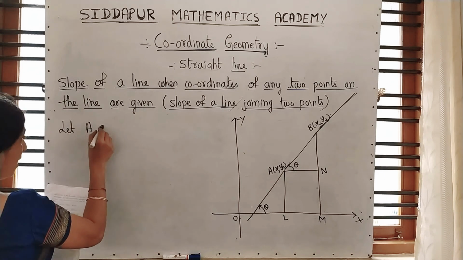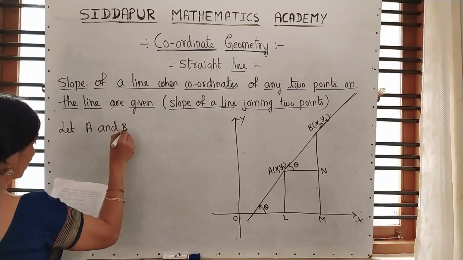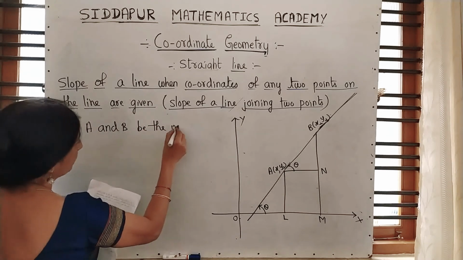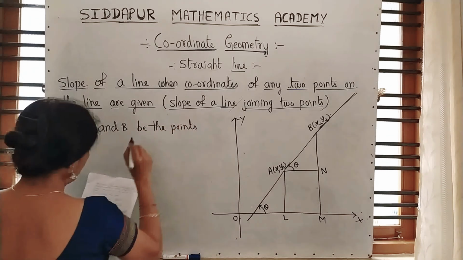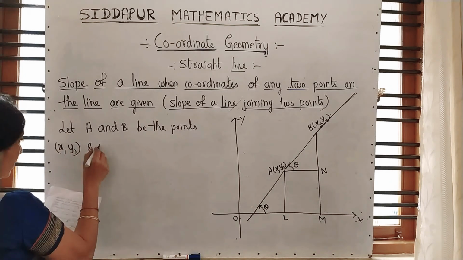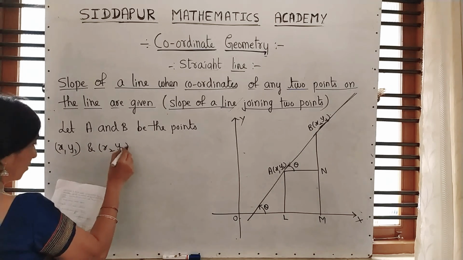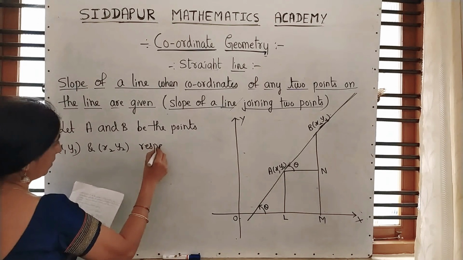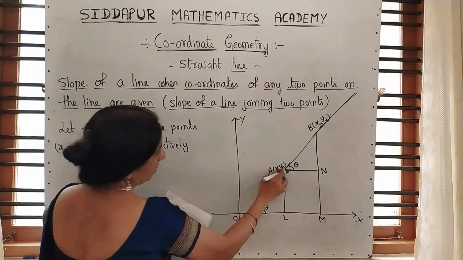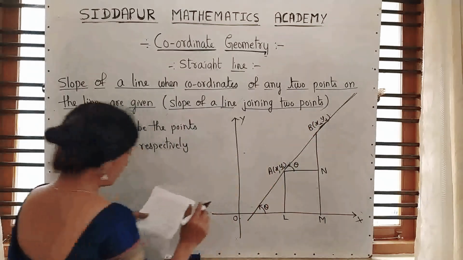Let A and B be the points, A is (x1, y1) and B is (x2, y2) respectively. Here I took 2 points A (x1, y1) and B (x2, y2).